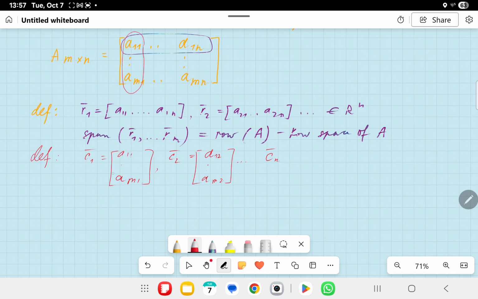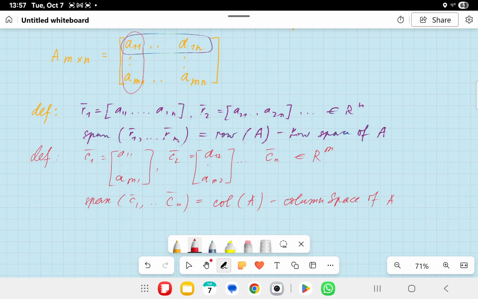We are going to have how many coordinates here? M. So all these vectors are going to belong to Rm. Now, the span of C1 through Cn is going to make the column space of matrix A.